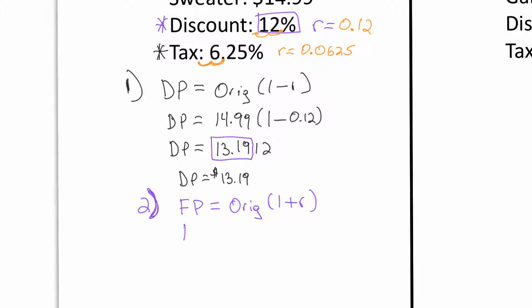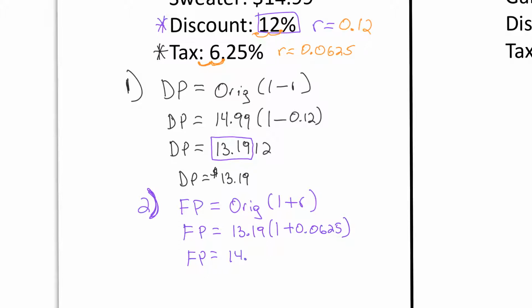So when I do the formula, remember original is your discounted price. So it'll be 13.19 times 1 plus 0.0625. I made a mistake. Let me just erase that. 0.0625.